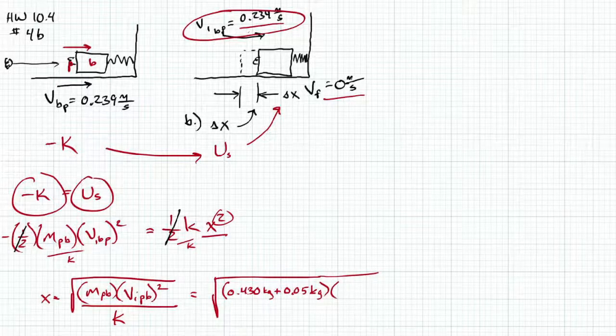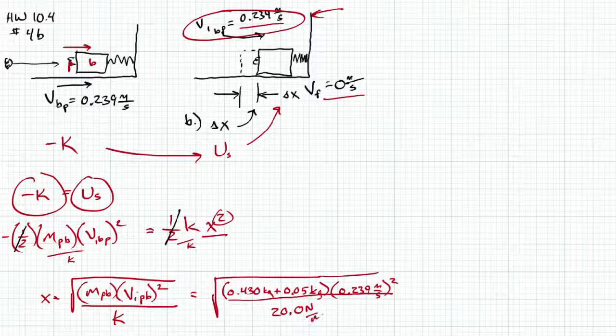What's their initial velocity? That's this right up here, 0.239 meters per second. That quantity squared. Divided by our spring constant K. That's 20 newtons per meter, I believe. Yes, newtons per meter. That gives us X.